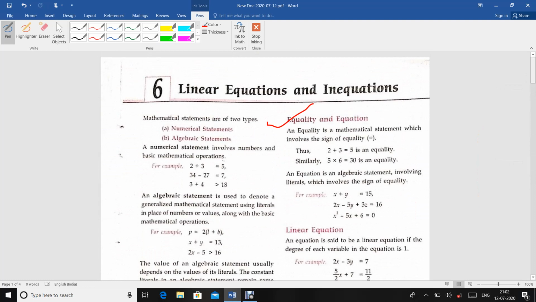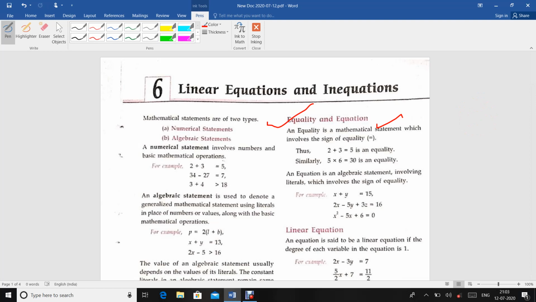An equality is a mathematical statement which involves the sign of equality. As it is clear by the name, equal means the sign of equal. So equality is a mathematical statement in which the equal sign is present. This is equality.